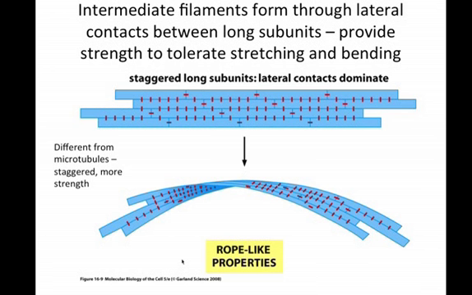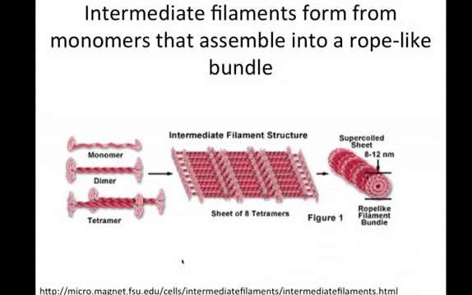These are made of subunits. There are monomers that are assembled into dimers and form tetramers, and then assemble into sheets that supercoil into this rope-like filament, which reminds me of a cable, and has that kind of strength.